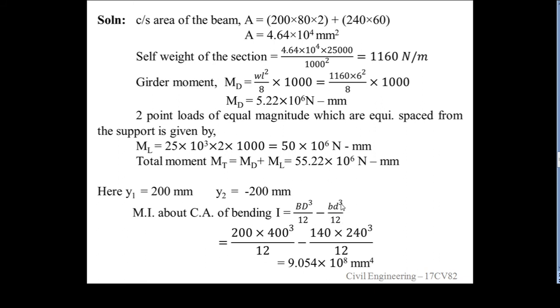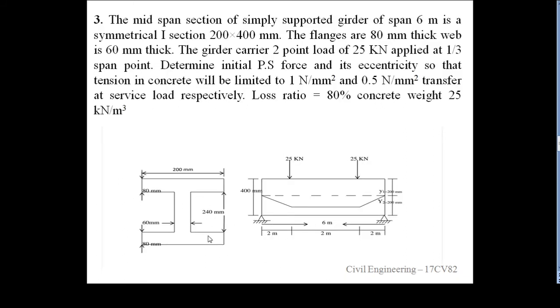Why? Because this is a symmetrical I section. Big B is 200, big D is equal to 400. Small b is equal to 200 minus 60, that is 140, and small d is 400 minus 120, that is 280.